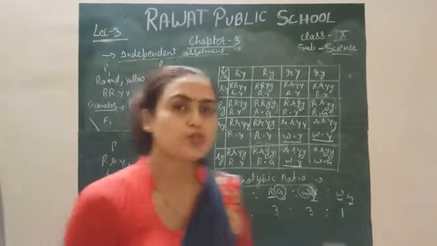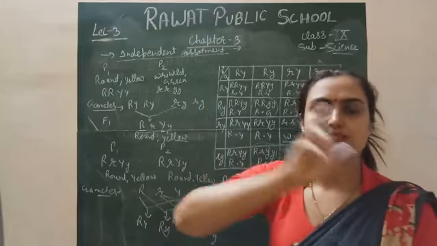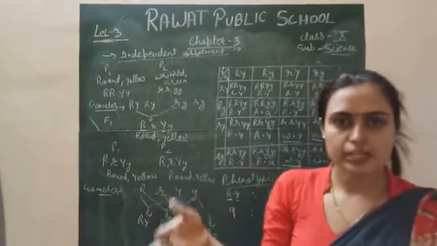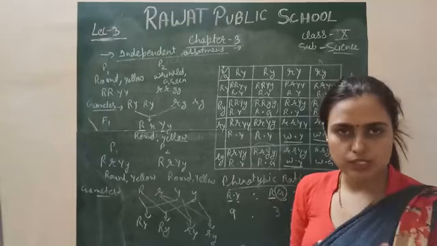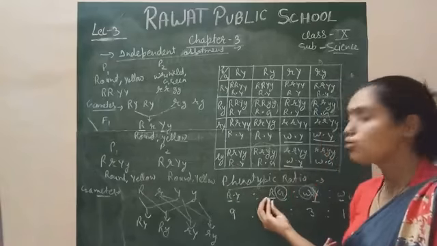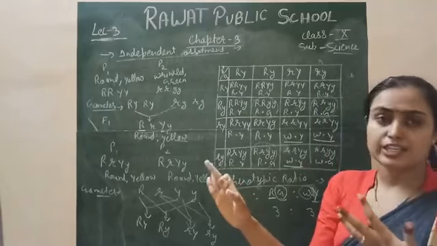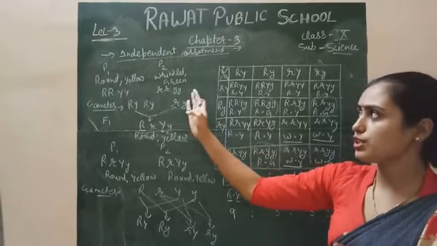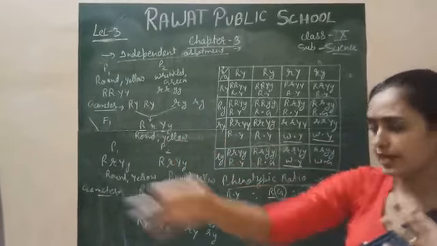So, according to independent assortment, independent means which does not depend on any other. Assort means separate. It means in our body there is a possibility that a few characters are dominant, and there is no criterion that if a dominant parent is crossed with a recessive, then dominant and recessive progeny are formed separately.